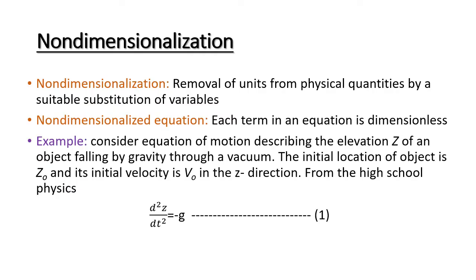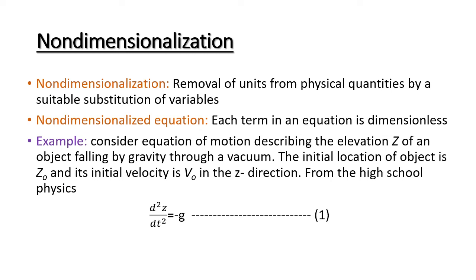What is non-dimensionalization? It means removal of units from the physical quantities by a suitable substitution of variables. Non-dimensionalization means making a quantity unitless. We'll take up an example so that we understand better.